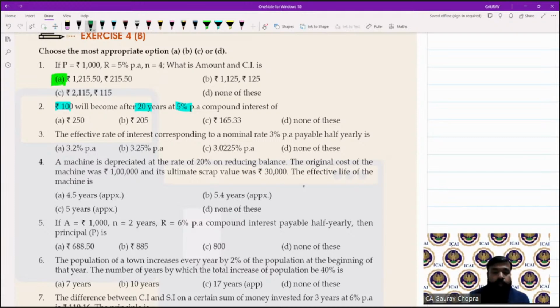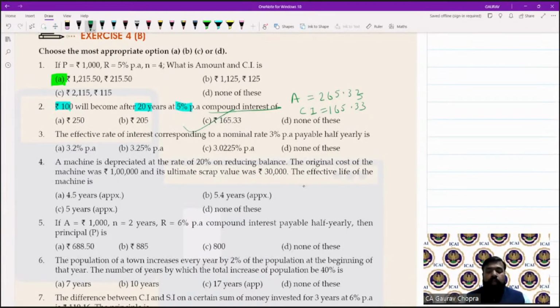Amount is 265.32 and compound interest will be after deducting principal 165.32 or 33 you can say. So the compound interest will be 165. Option number C.